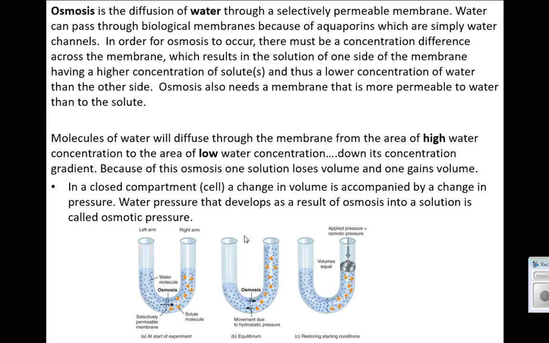The more water that fills up, the greater the amount of pressure that builds inside. This pressure that we're talking about is called osmotic pressure. The pressure that develops as a result of osmosis. Okay. And so when we go across the membrane, the pressure will go up.